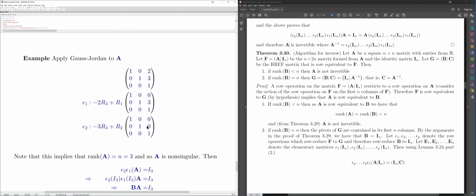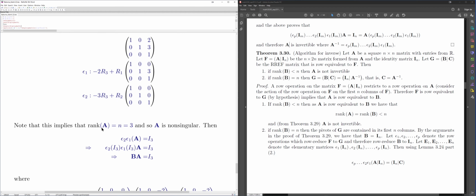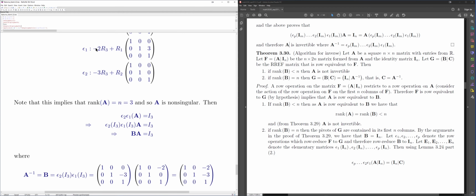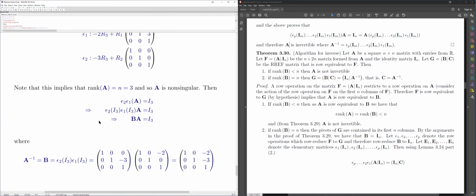If your Gauss-Jordan terminates in an identity, you keep track of those row operations, and for each one you form the corresponding elementary matrix. The product of those elementary matrices is the required inverse. That is how this algorithm is going to work.